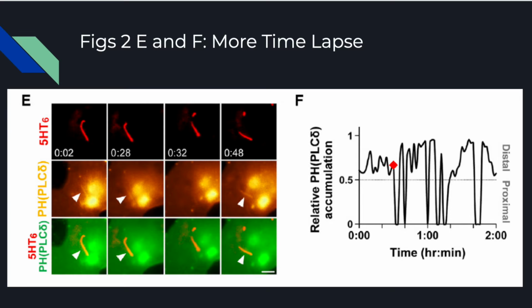You can also see in figure F there's a more drastic representation of how the relative accumulation of the fluorescently tagged label is congregating at the proximal location and going away from the distal over time. The red diamond indicates when there is excision of the cilia decapitation head.